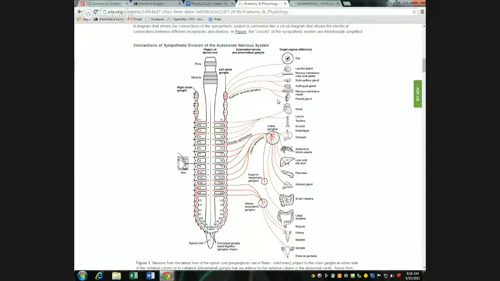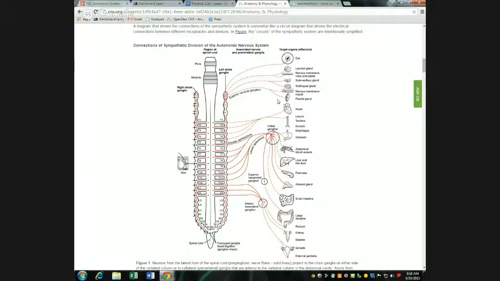There's the central neuron in the spinal cord that projects out and synapses at the ganglion. And then there's a neuron in the ganglion, which is the target of that first cell. And its axon goes out into the periphery to the target organ and connects to the target organ.